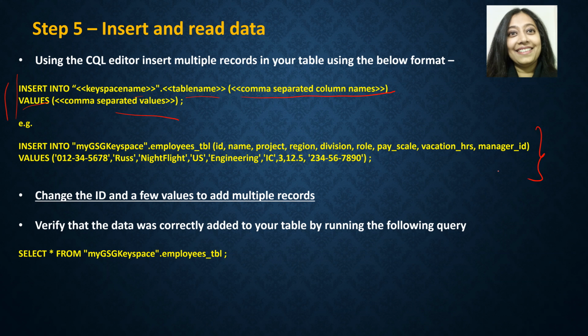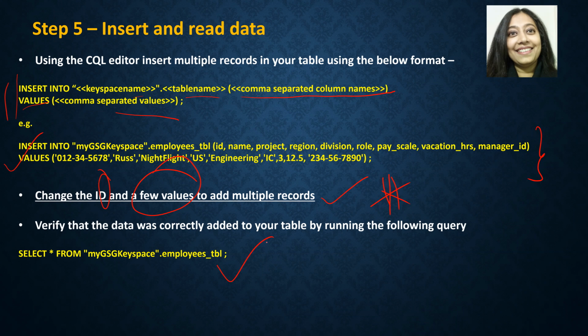For this particular tutorial, what we will do is we will use this particular insert statement, right? Change the ID, change a couple of values, and create multiple records. So this is very important, right? Because we need a few records in our table. And once our records have been inserted, then we will check if they were inserted successfully or not.